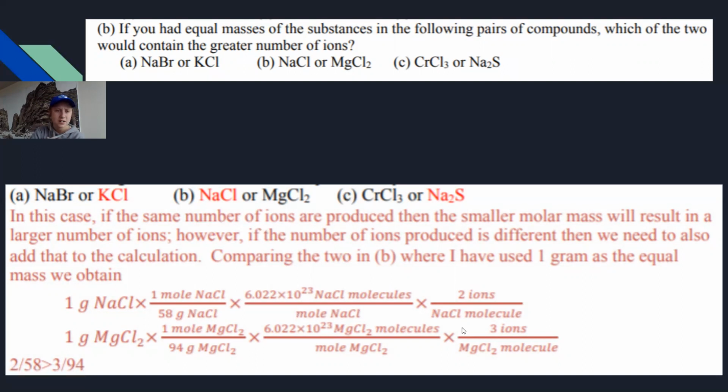And so like in question B though, when it has like Cl2, you need to know that when it dissolves, it's going to make 2 Cls and 1 Mg. So you need to remember that there are going to be 3 ions, not just 2 like NaBr or NaCl or KCl.